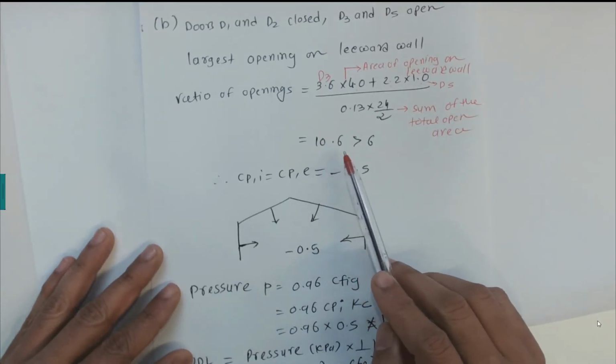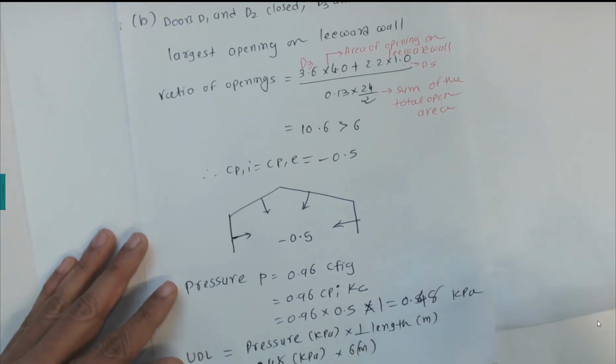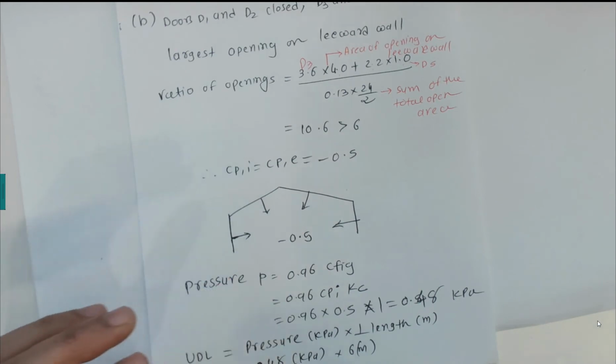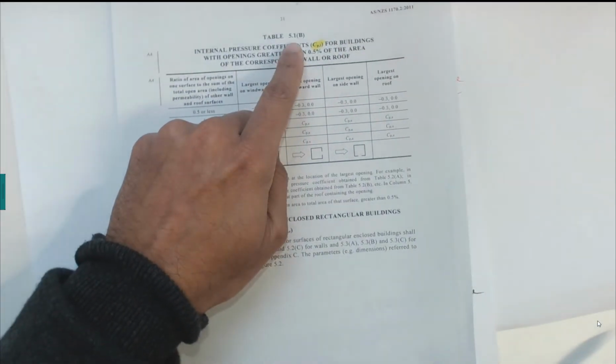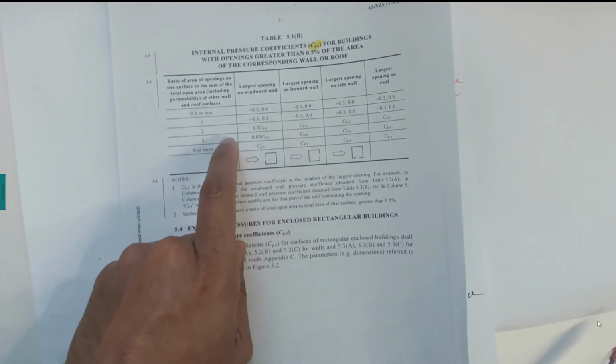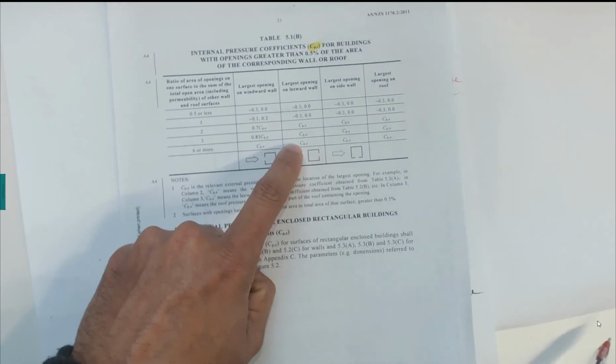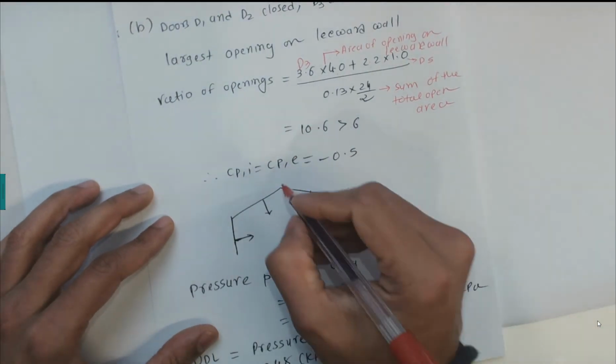That ratio gives us 10.6, which is greater than 6. In this case, we're going to use again Table 5.1.P on page number 31. The largest opening is on the leeward wall, and the ratio is greater than 6. So CPI is equal to CPE for leeward walls.